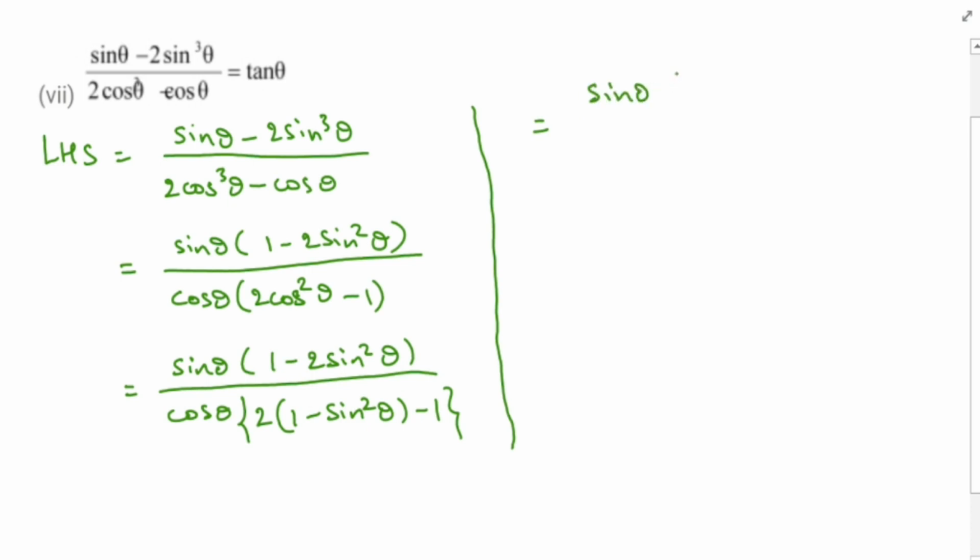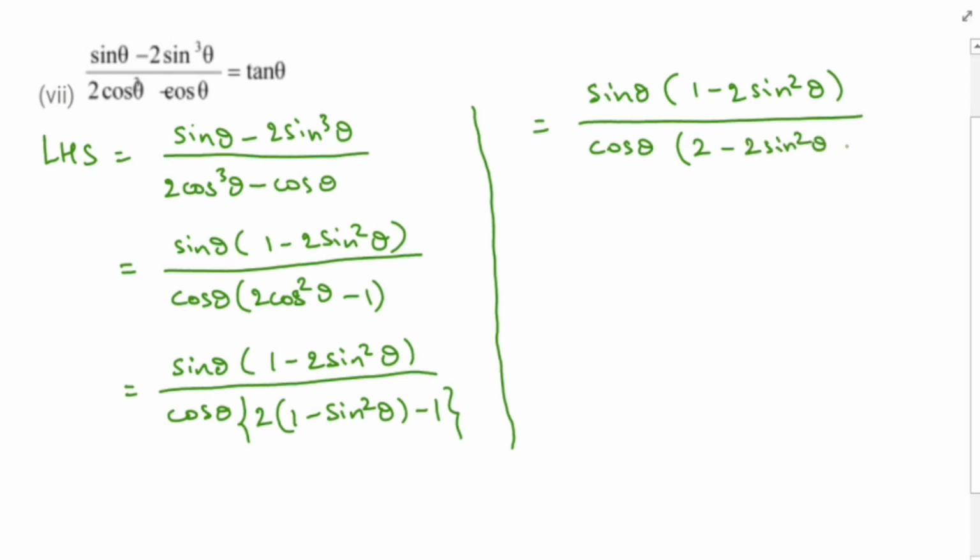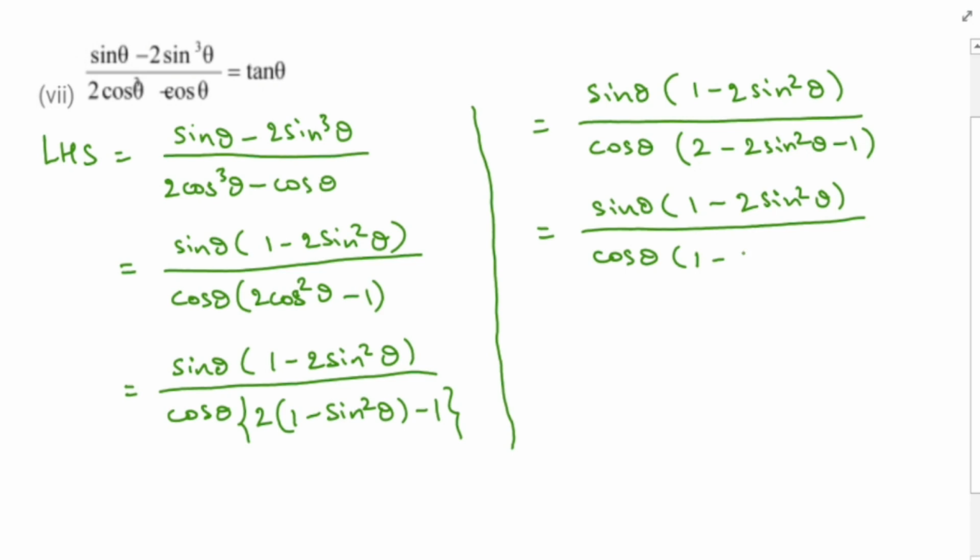Sin theta into (1 minus 2 sin square theta) divided by cos theta into (2 ones are 2, minus 2 sin square theta, minus 1). Sin theta into (1 minus 2 sin square theta) divided by cos theta as it is into (2 minus 1 is 1) minus 2 sin square theta.